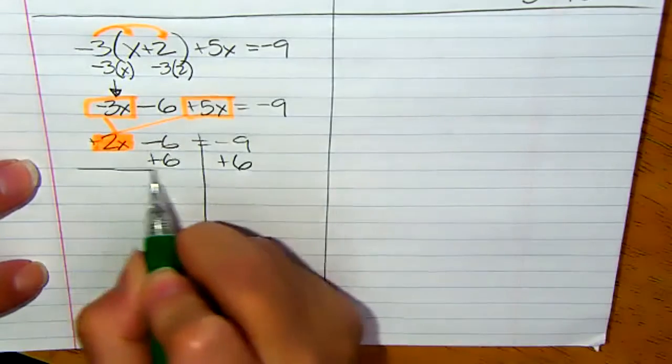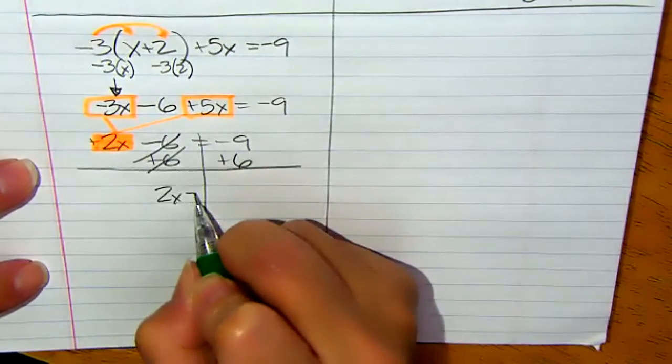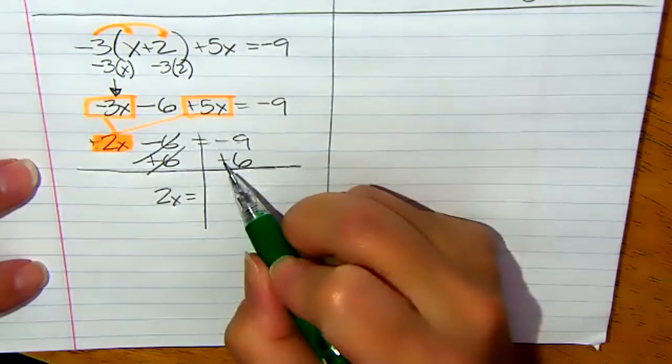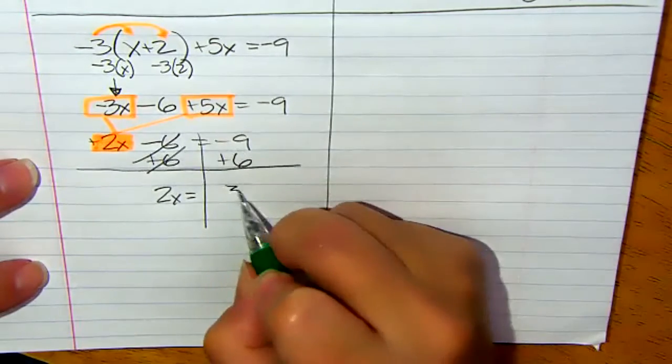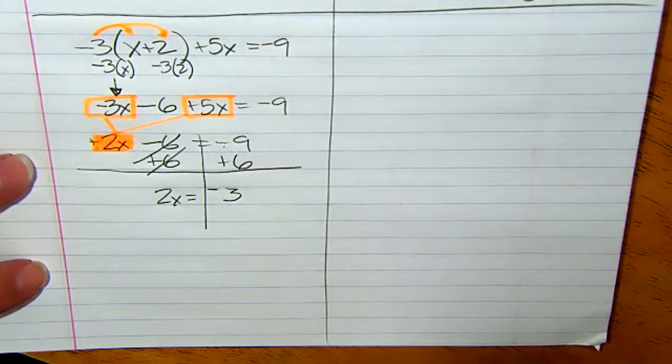Okay. So these guys cancel, and I'm left with 2x equals. I have a positive and a negative, so I'm going to subtract and keep the sign of my largest number.